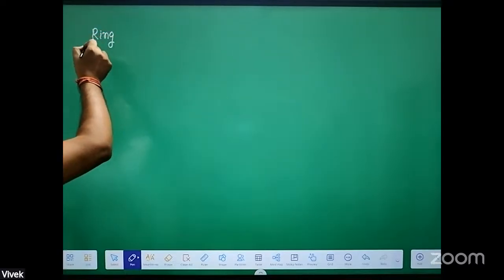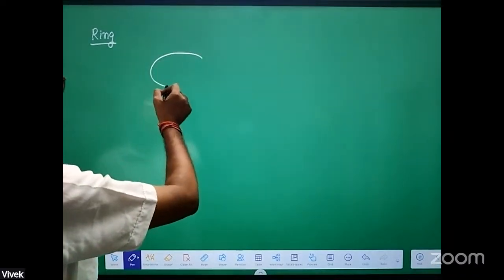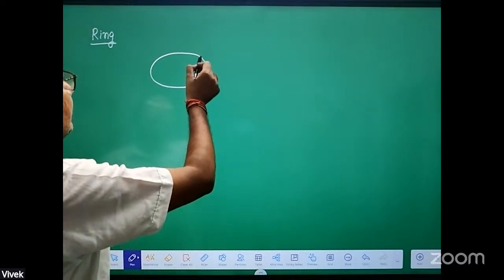Now, suppose you are having a ring like this. What is the mass of this ring?